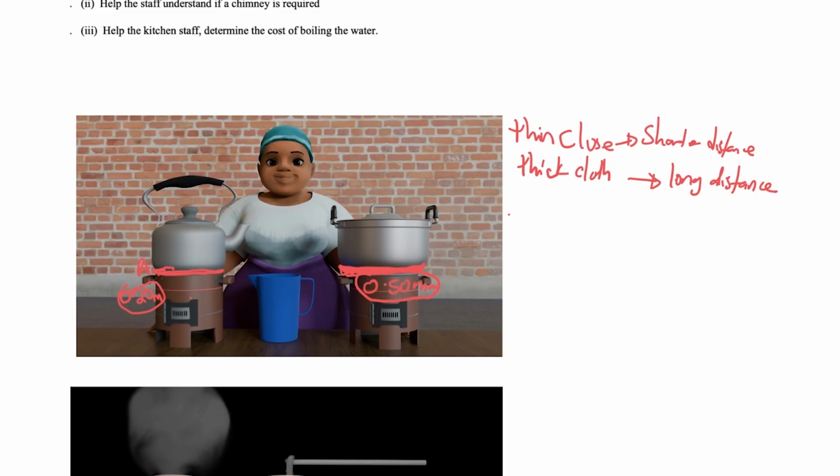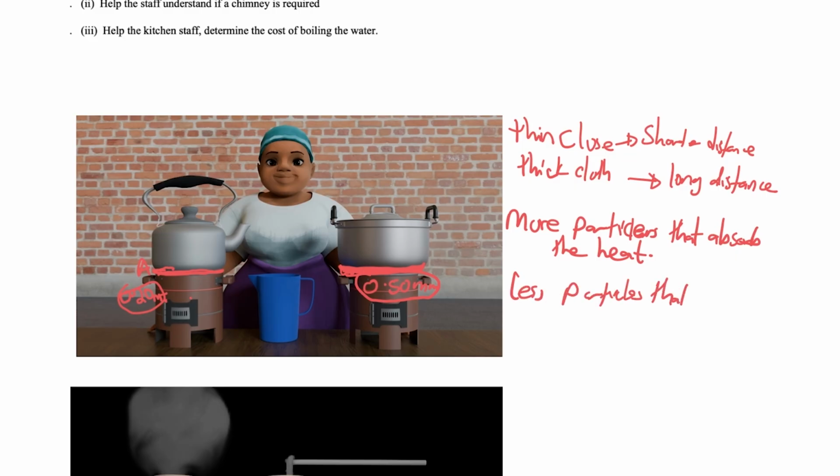Simply because there are more particles that absorb the heat. In a thin saucepan, that is A, we have fewer particles that absorb the heat.